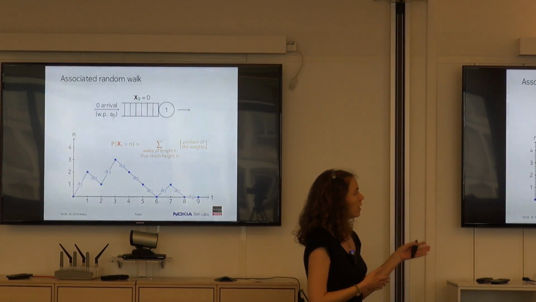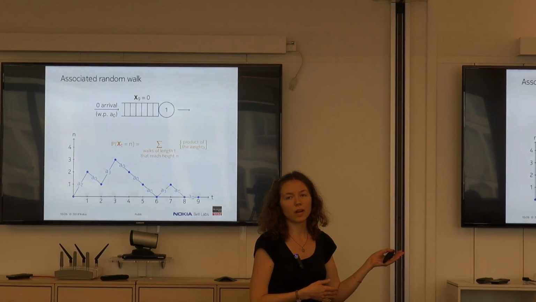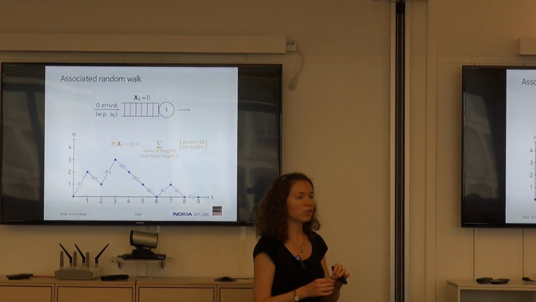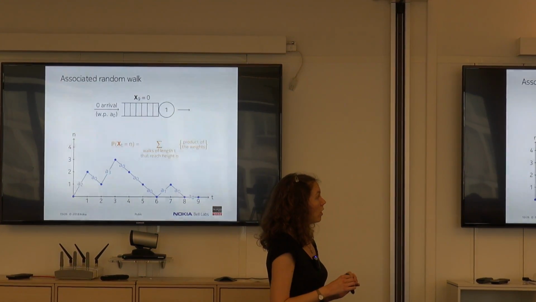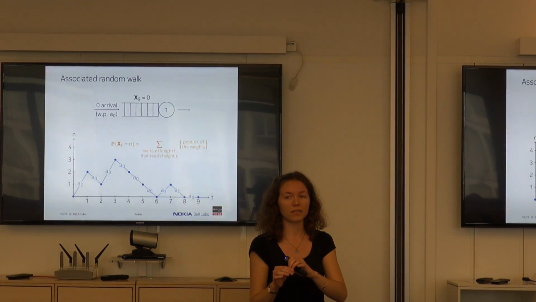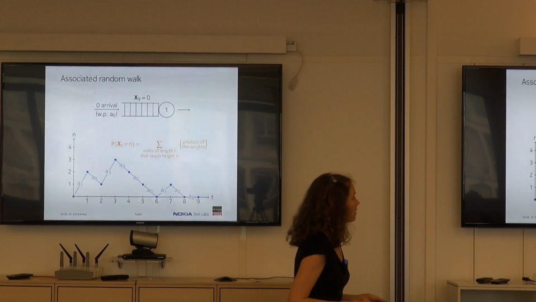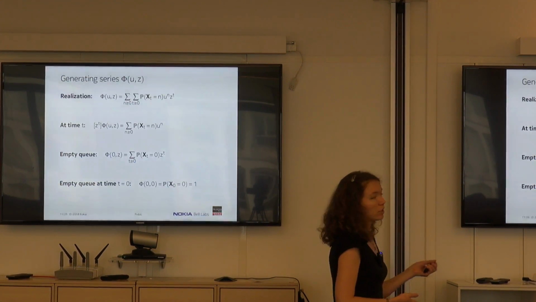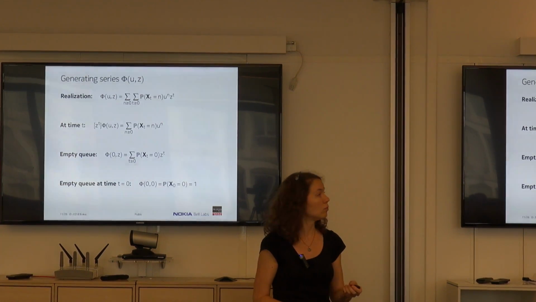And more generally, if you want to look at the probability of having a given number of customers at a given time, that's just the sum of the weights of the random walks that end at this point. Okay, so now we can translate our generating series in terms of random walks.